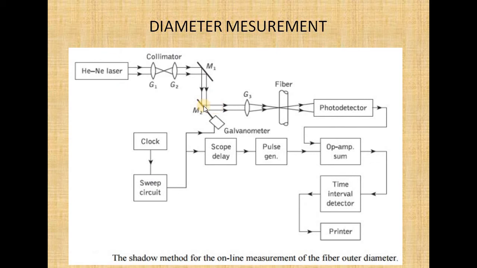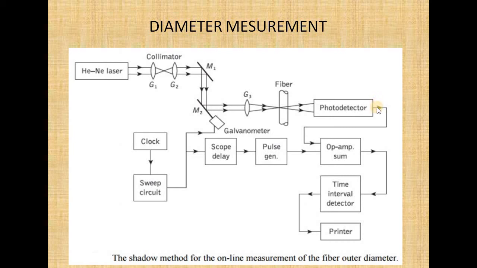The signal from mirror M2 is passed to the lens G3 and then through the fiber slab. Here the shadow of the fiber is made to fall on the photodetector. The sweep circuit is used to generate the sawtooth signal, which is given to the galvanometer and makes the beam deflect.